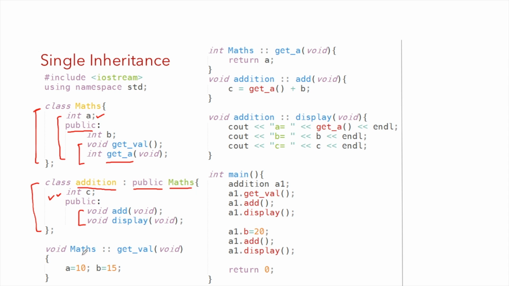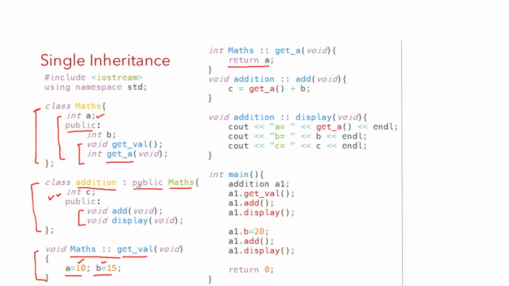Now we are going to write the definition for the get val function. Notice that we are writing it as maths colon colon get val. So this is the definition of get val function, and we are just going to initialize the values of variables A and B to 10 and 15 respectively. Just notice again, this is your private member and this is your public member. Now we are writing another definition, get A, which is just going to return the value of A.